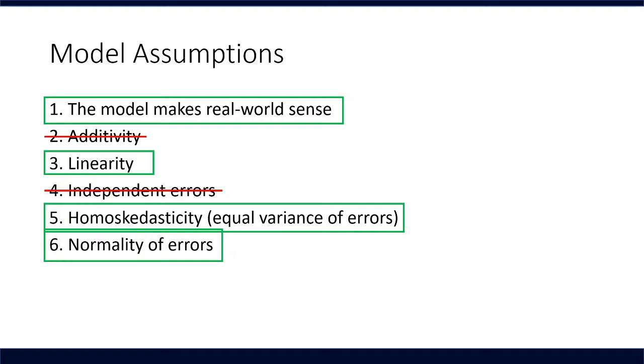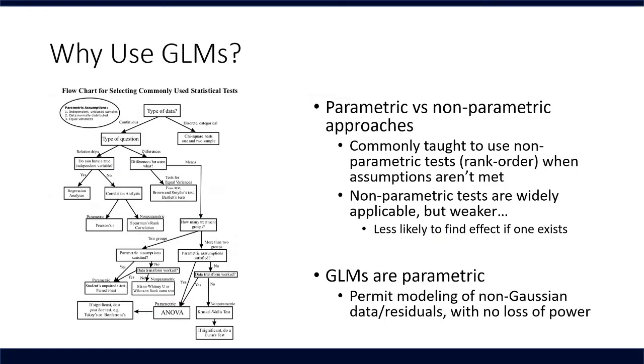You're going to need nonlinear modeling or hierarchical or mixed effects modeling, respectively. But GLMs are a really powerful tool that we can use to accommodate data which violate 4 out of these 6 assumptions.